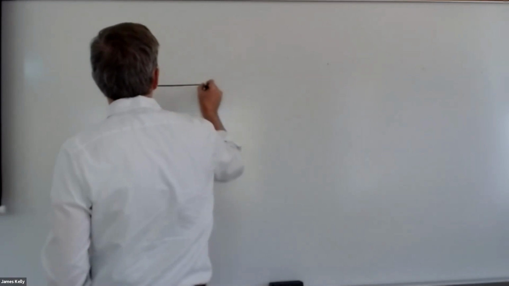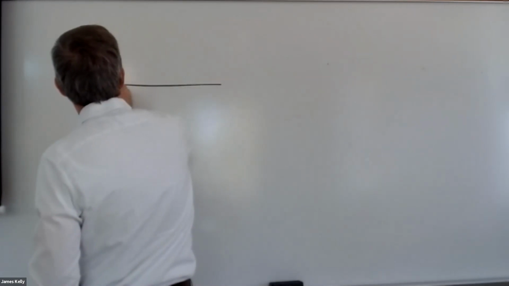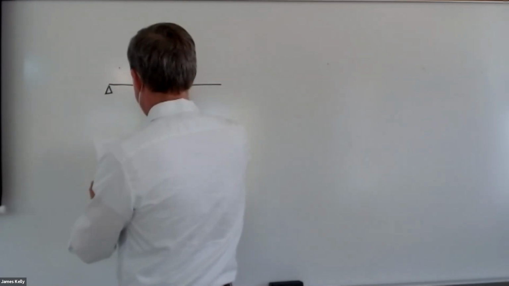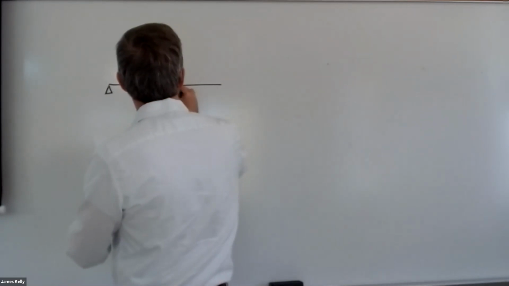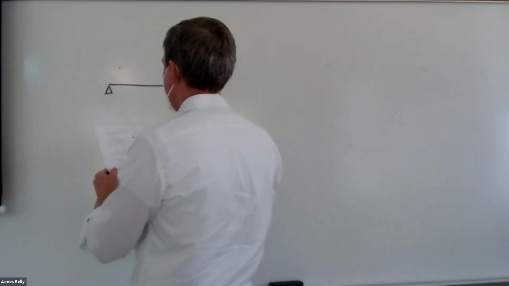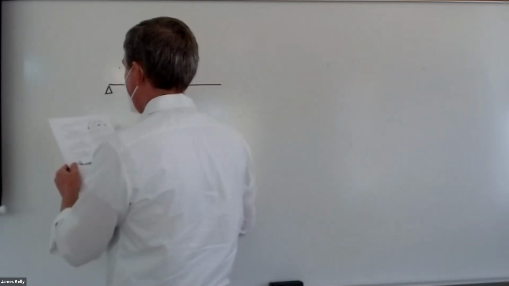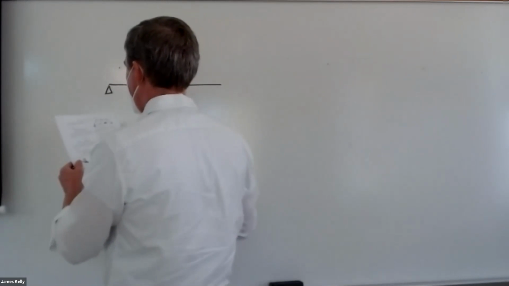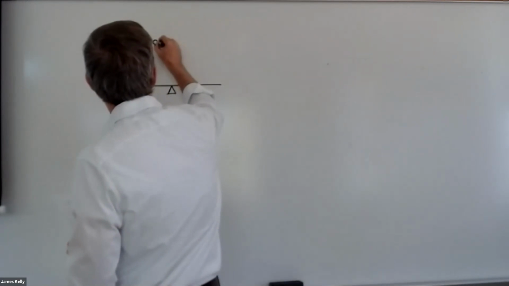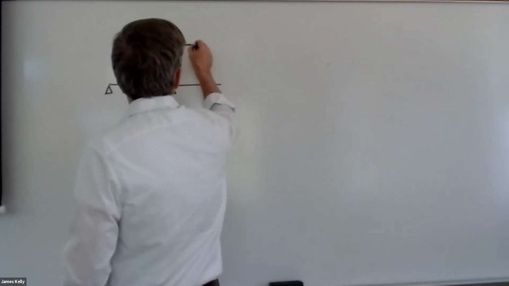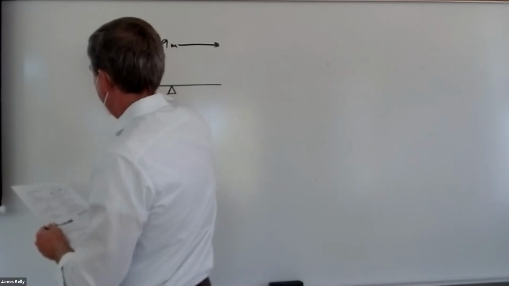So we've got a plank. It's got some little supports that in the figure look kind of like this. The length of the plank is given in my version to be 8.9 meters from one end to the other.